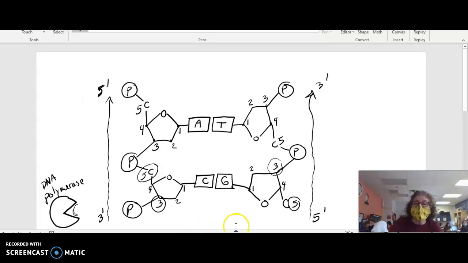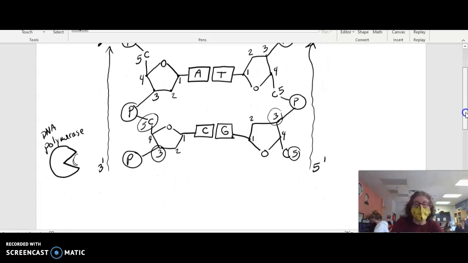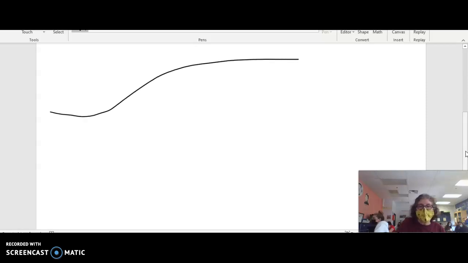Okay, so now let's go down and actually look at what that's going to look like in a less molecularly detailed picture, kind of like the thing that you saw in the movie. Let's draw that. So let's say that we've got a strand that has been opened up by a helicase.